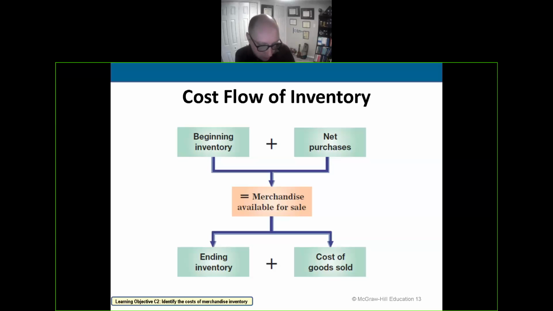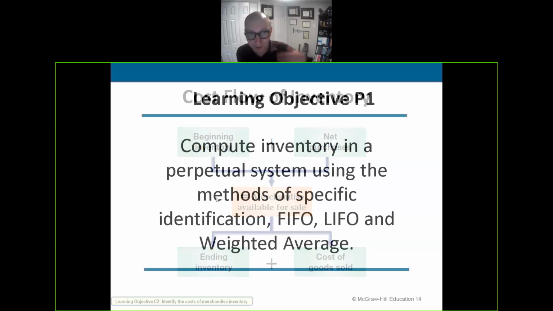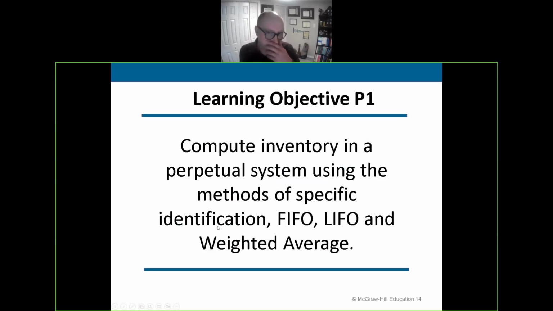Again, net purchases represents the purchases that we made from our vendors minus any discounts. That's our net purchases amount. Equals merchandise available for sale. Merchandise available for sale represents ending inventory plus cost of goods sold. That's the physical flow.